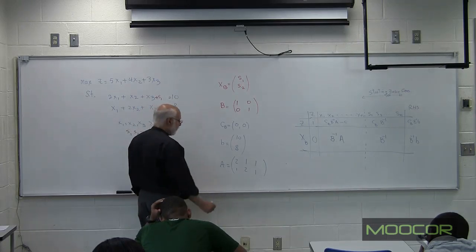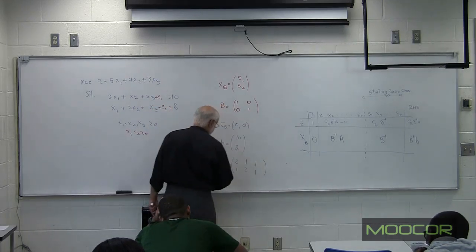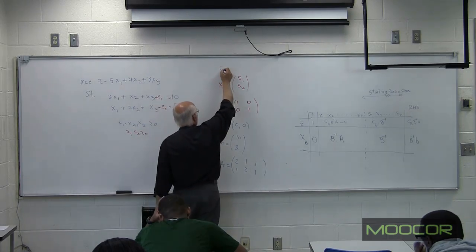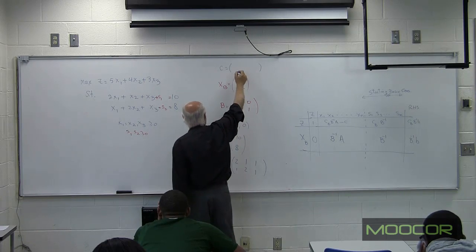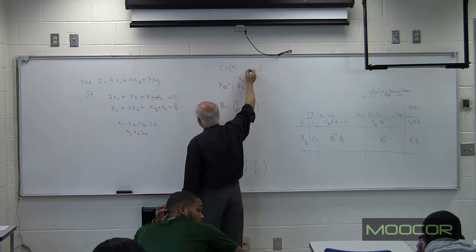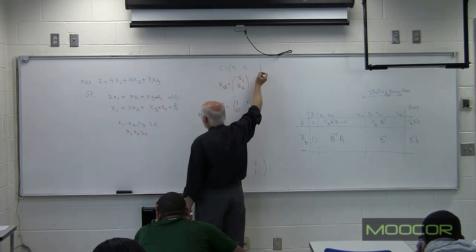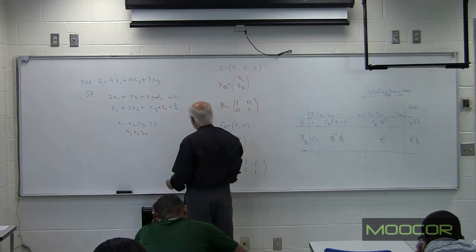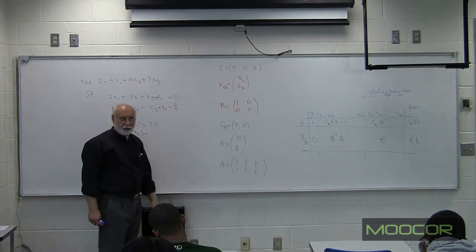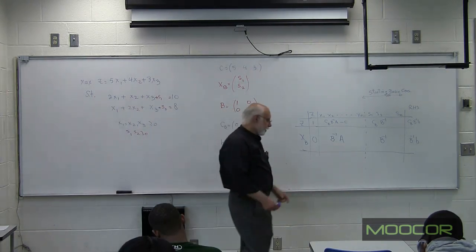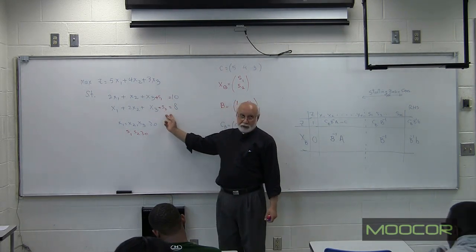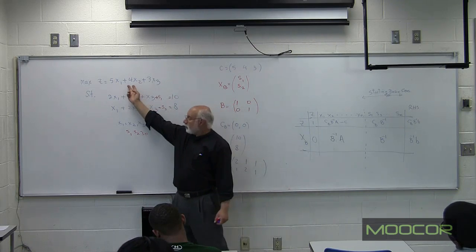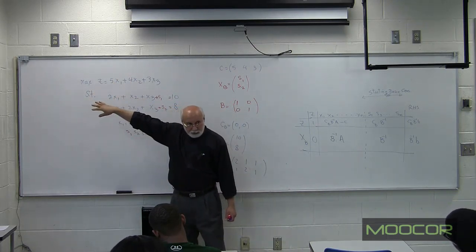C. What is C? It is 5, 4, and 3. Now, also notice that I am adding S1 and S2, but I am not converting that to the standard form.